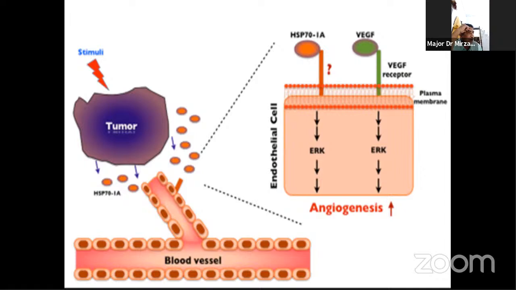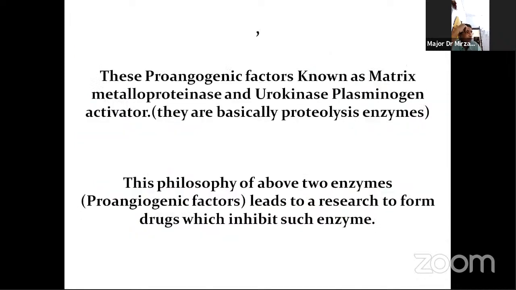Vascular endothelial growth factor receptors lie on these endothelial cells, and thus this leads to the phenomenon of angiogenesis. The pro-angiogenic factors, as I've already told you, are the matrix metalloproteinase and urokinase plasminogen activator. You must know about these enzymes. They are basically proteolytic enzymes used in the thrombolysis of myocardial infarction. The philosophy about these two enzymes led to research to form drugs which can inhibit the enzymes.